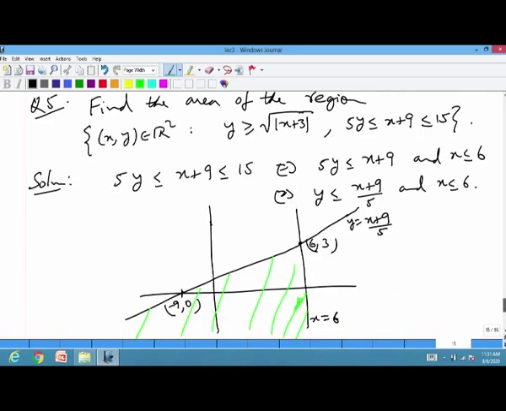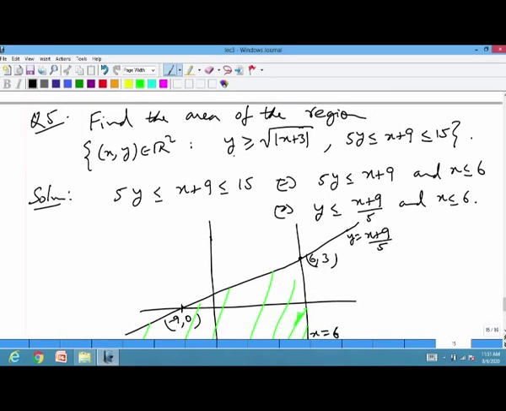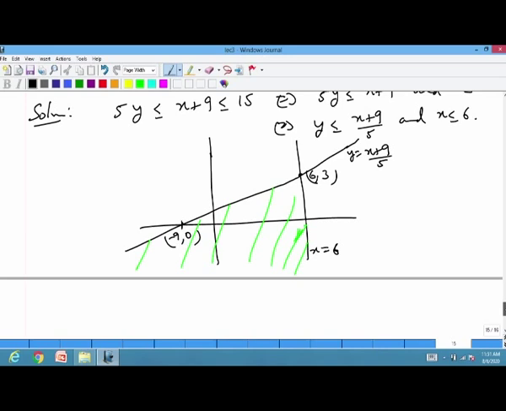Also, we have to see this restriction that y is greater than equal to square root of mod (x plus 3). So, this part is the region 5y less than equal to x plus 9 less than equal to 15.